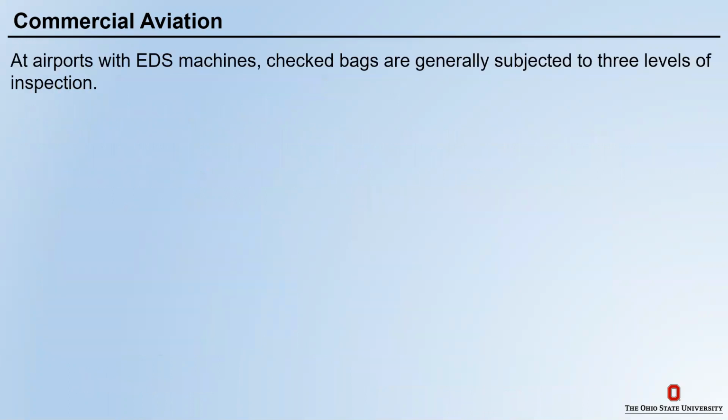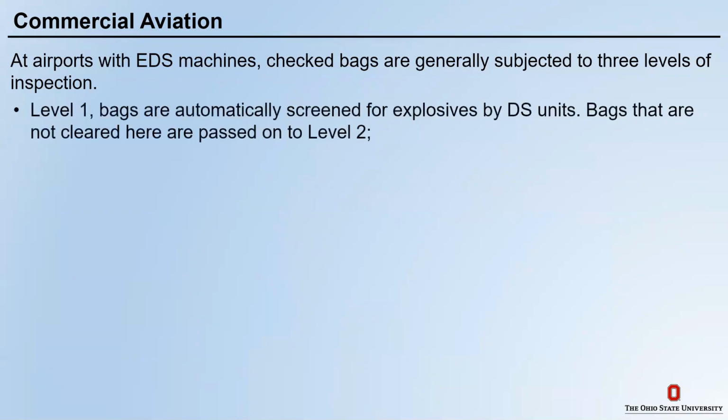At airports with EDS machines, checked bags are generally subjected to three levels of inspection. At level one, these bags are automatically screened for explosives by EDS units. Bags that are not cleared here are passed on to level two.